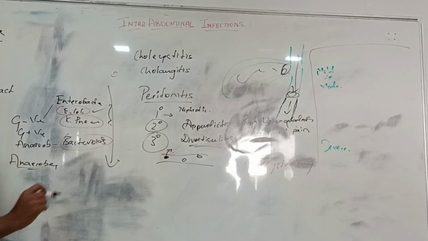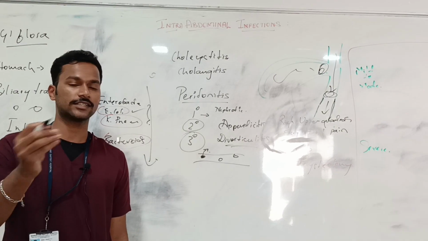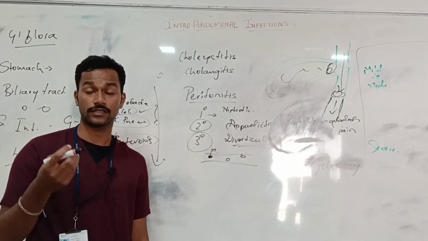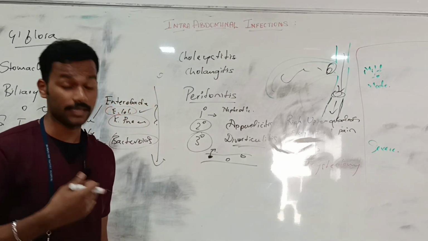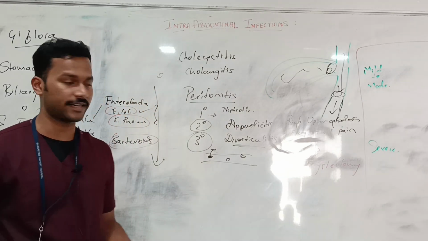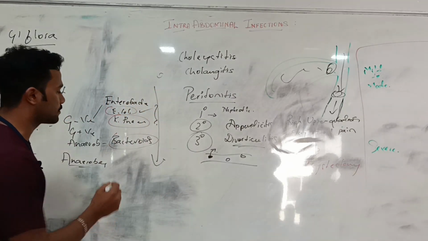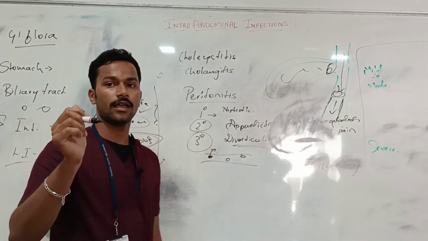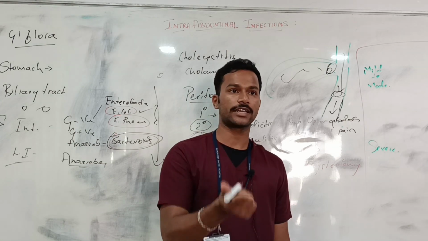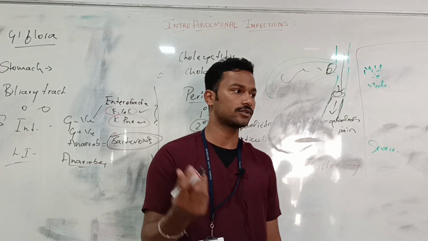Gram positive are very rare because they are not microflora of the GI region, the stomach or intestine. Another thing is Bacteroides. So we have to cover anaerobes and gram negatives.